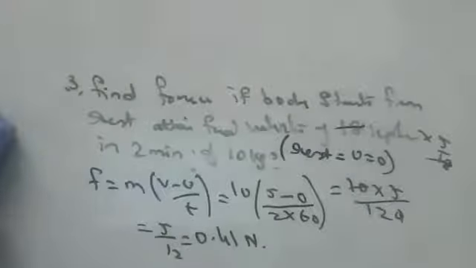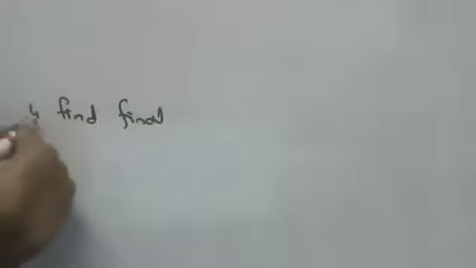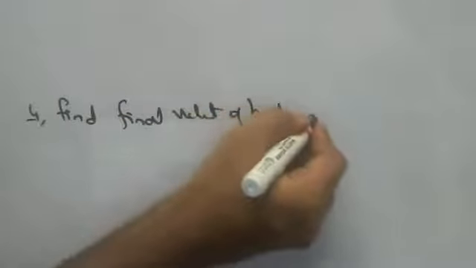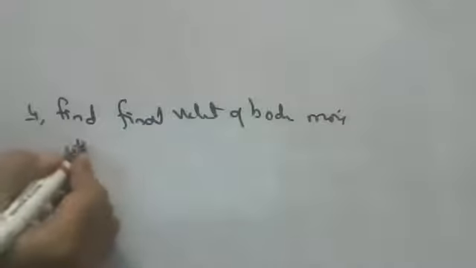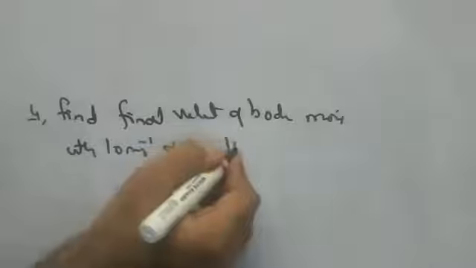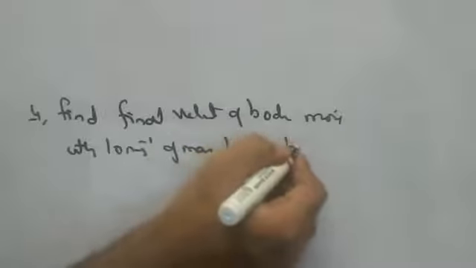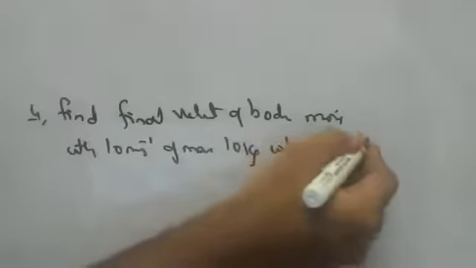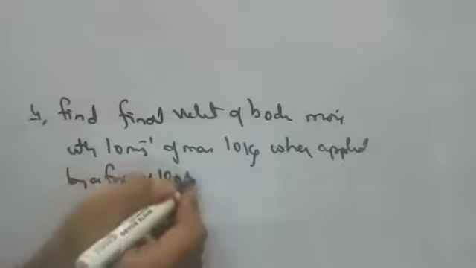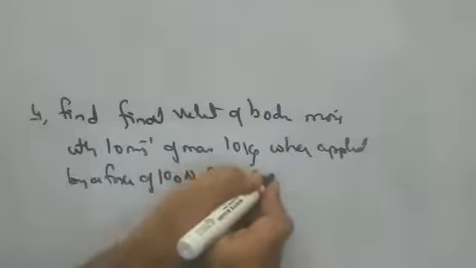Okay. One more. Find final velocity of a body moving with 10 meters per second of mass 10 kg when applied by a force of 100 Newton for 2 seconds.